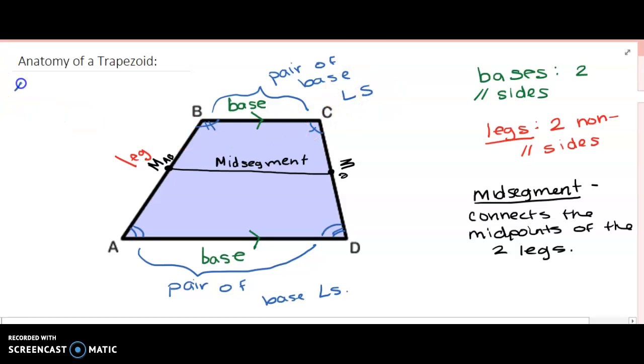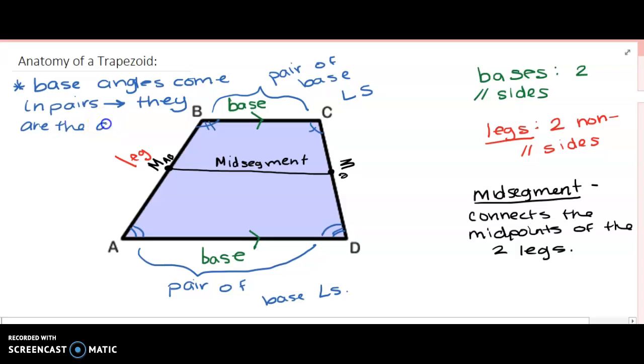I'm going to put a note over here that base angles come in pairs. They are the angles along the same base.